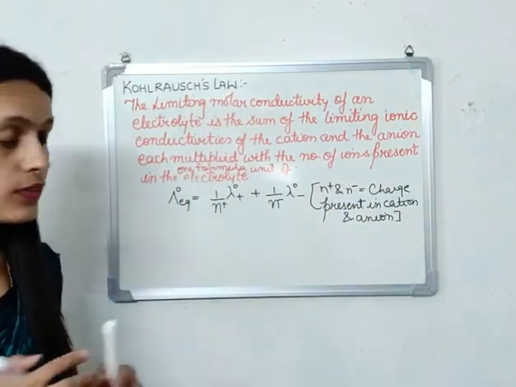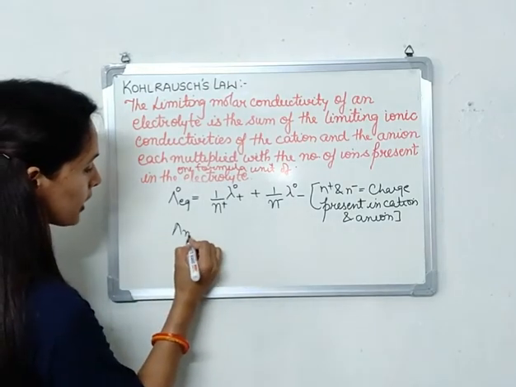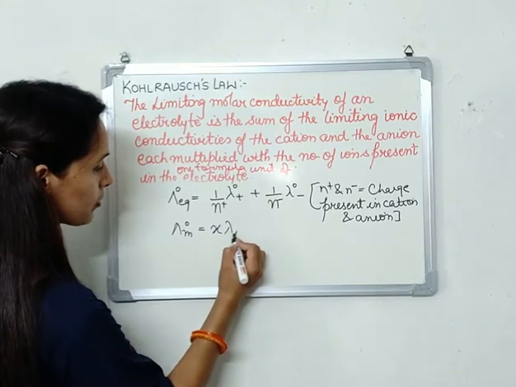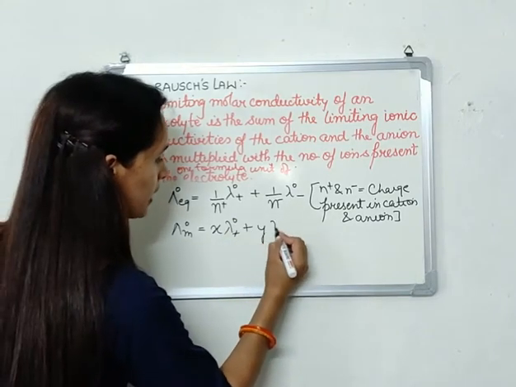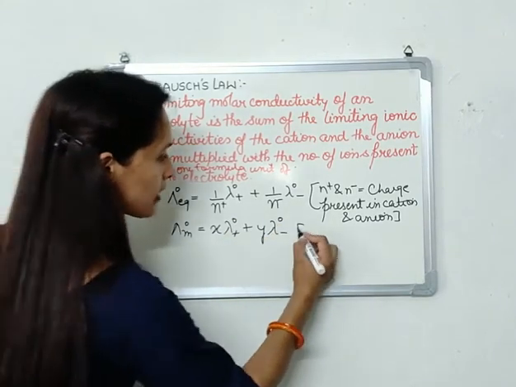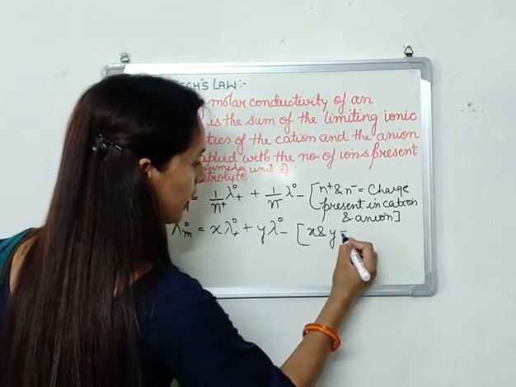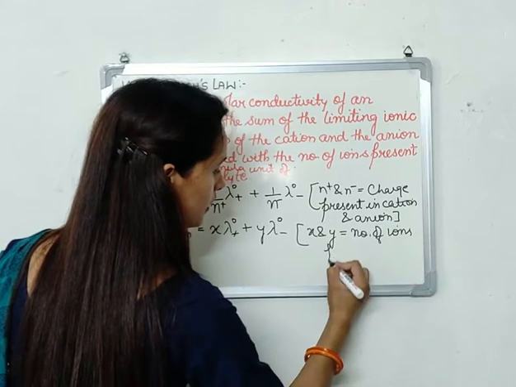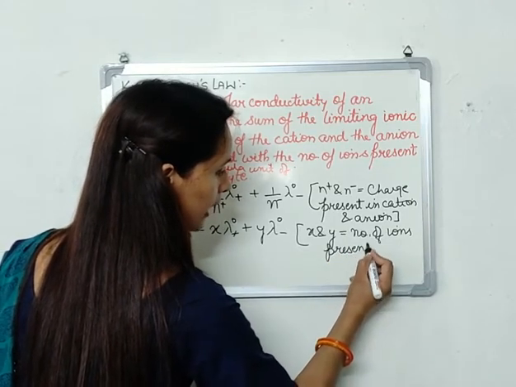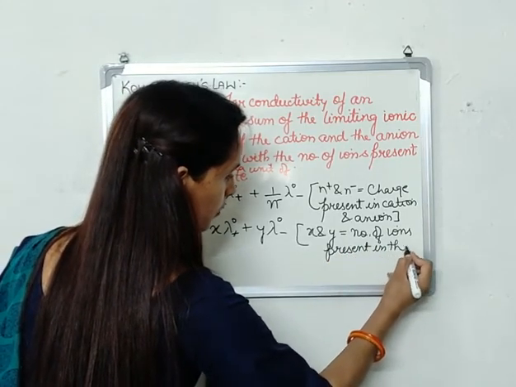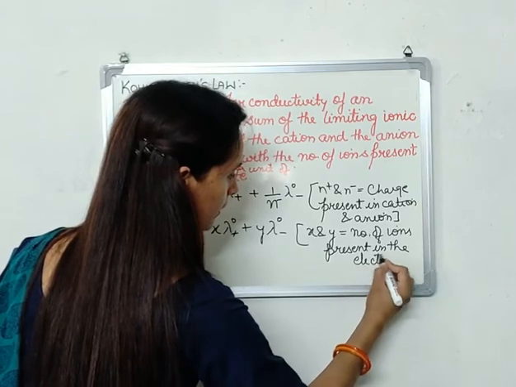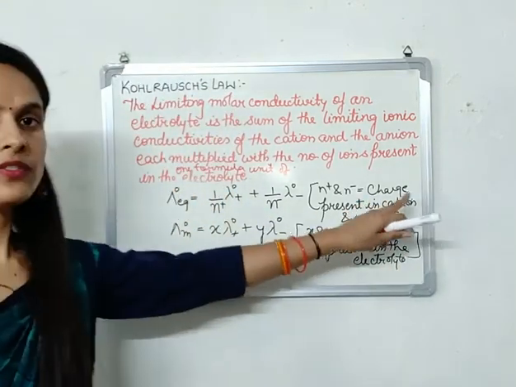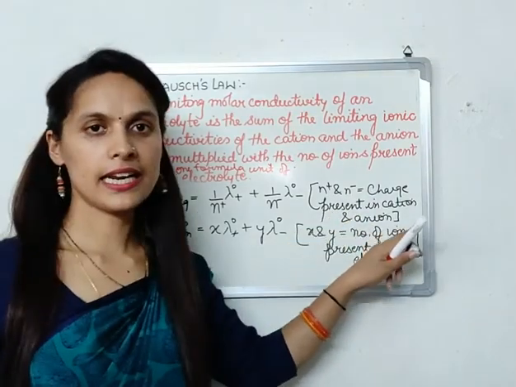In molar conductivity, what we have studied is that it is equal to x lambda positive plus y lambda negative, and this x and y are the number of ions present in the electrolyte. This is the difference: x and y are the numbers of ions present in the electrolyte, and n positive and n negative are the charges present in the cation and anion.